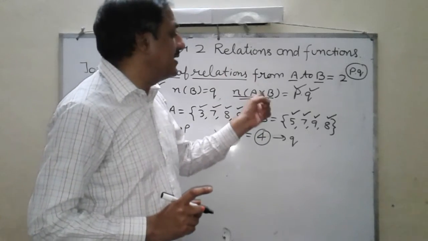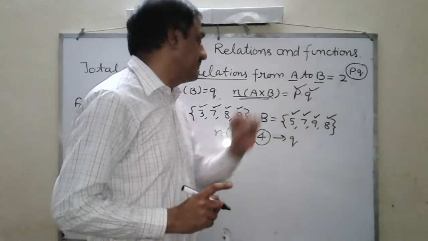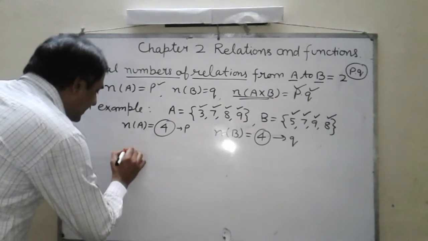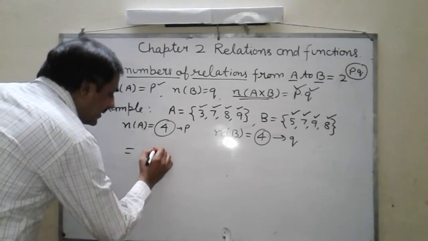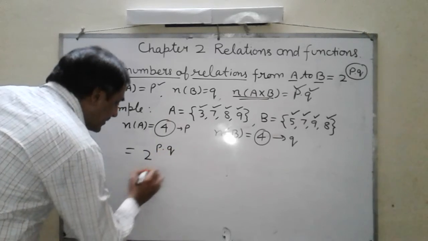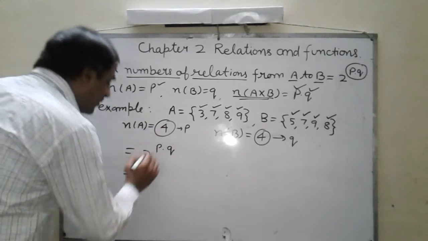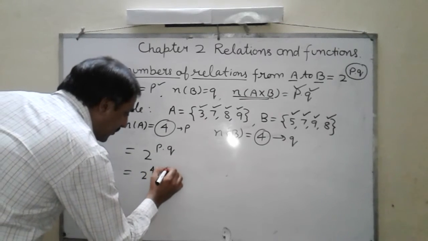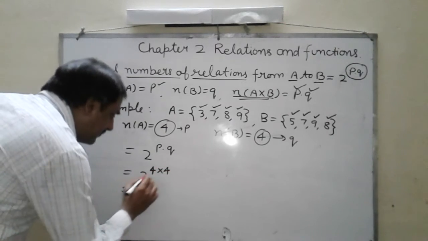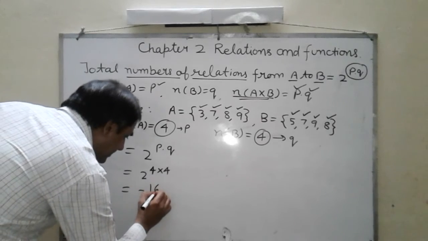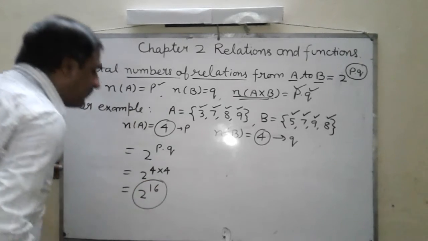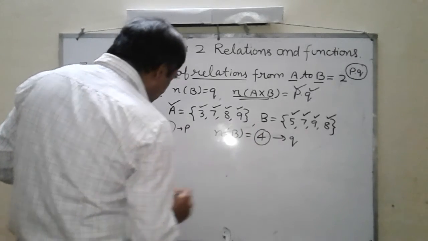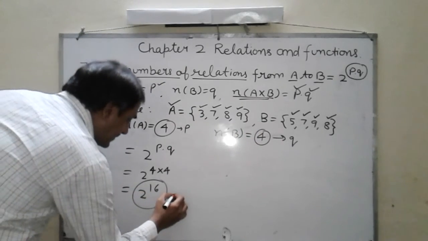So the total number of relations from set A to set B is equal to 2 to the power P into Q. 4 into 4 is 16, so it is 2 power 16. Here the total number of relations from set A to set B is equal to 2 to the power 16.